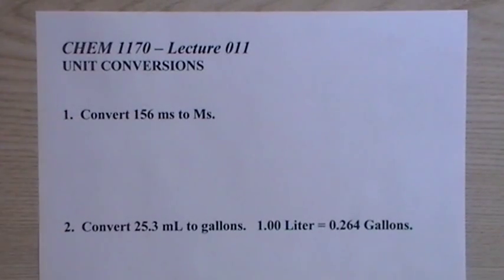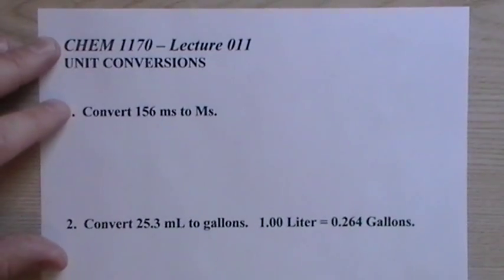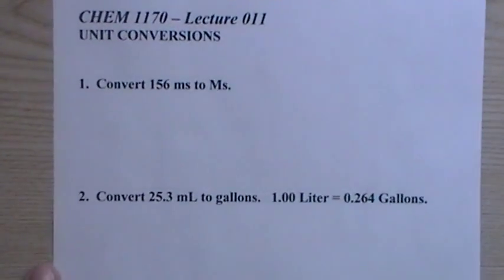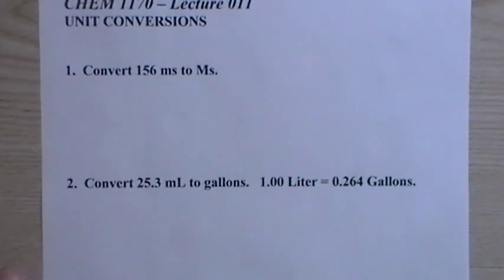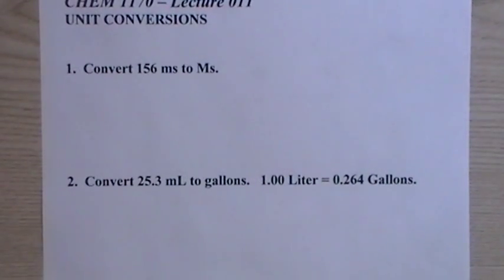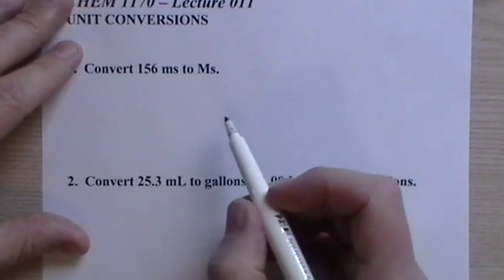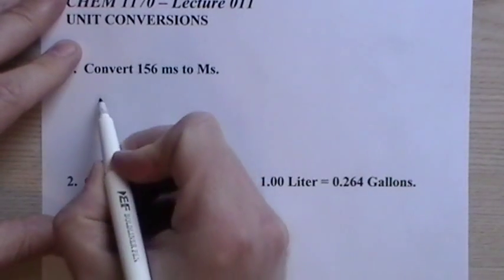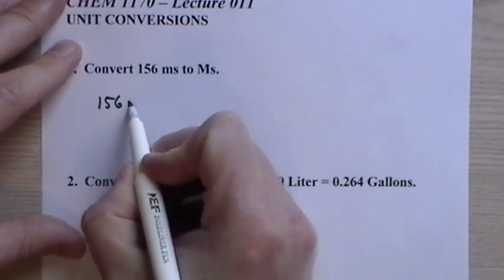So what we'll need to do is find a conversion factor between milliseconds and megaseconds. If you don't know what it is offhand, they're powers of 10 here because it's metric. So you might be able to figure it out, but I never do that because there's a simple, straightforward way. It takes a little bit longer than just the one step of converting from milli to mega, but it keeps you from making any mistakes.